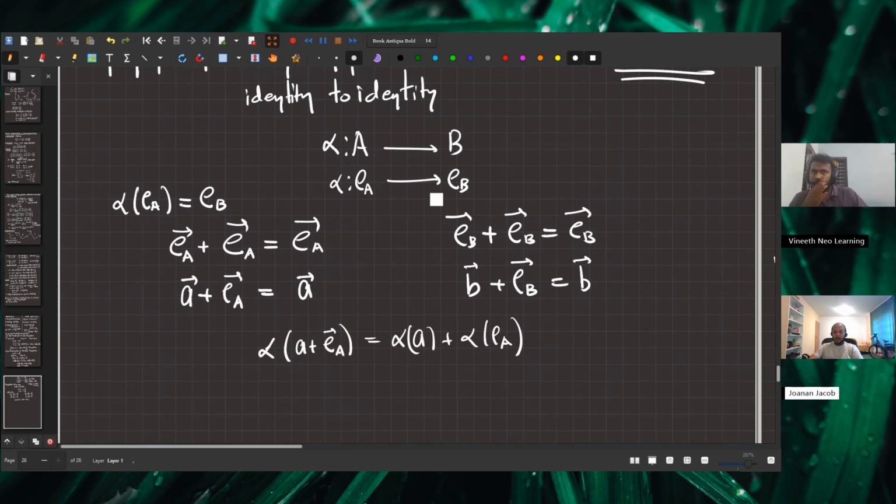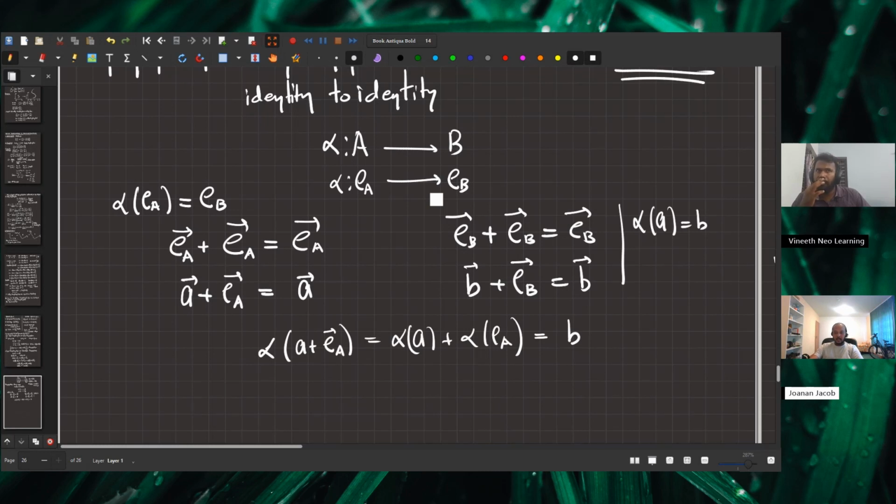Then it will become alpha of A is B, correct? No, we haven't defined that. Do you want to define alpha of A as B? If you are defining alpha of A as B, that definition should be given here. Let's assume that as an assumption: alpha of A should be B.